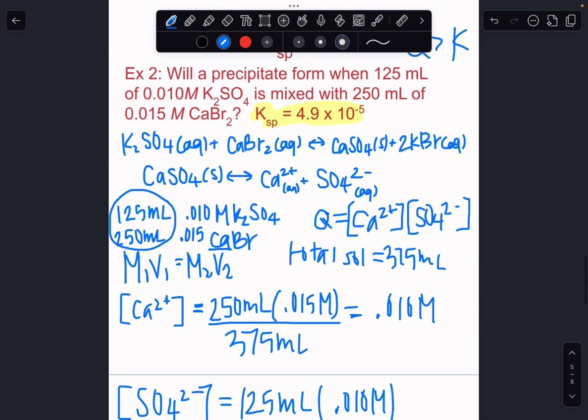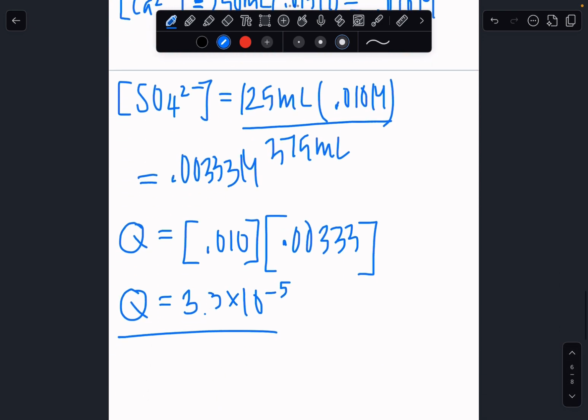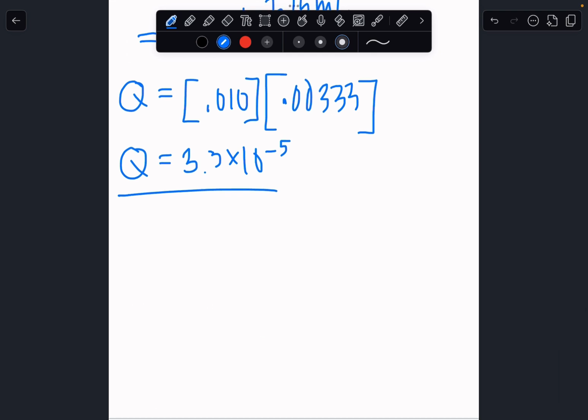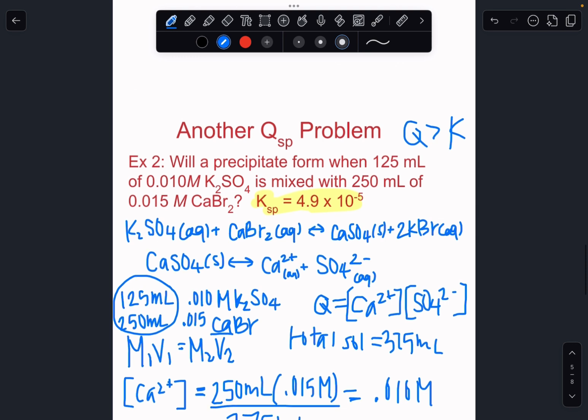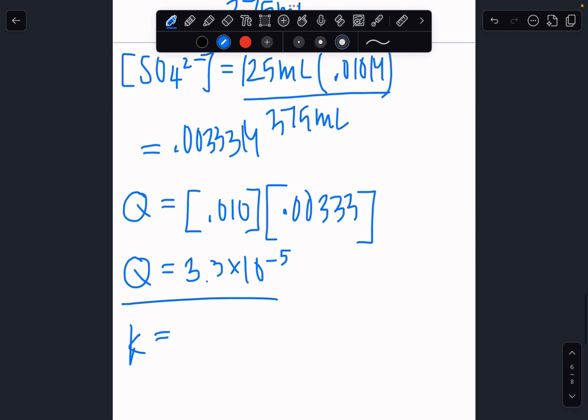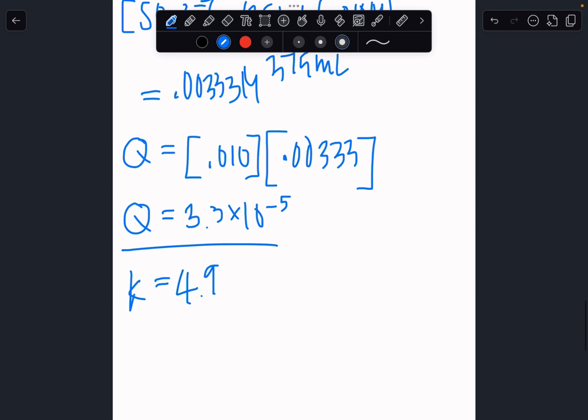And now what you want to do finally is compare that to the K. And the K was given to us. It's 4.9 times 10 to the negative 5.